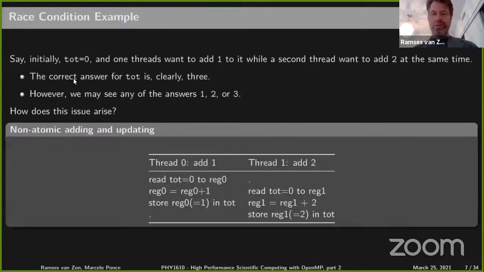So it doesn't have to do the store at the end if I have just one thread until it has added all of the numbers, and then it can store it at the end. So every store is expensive. Every read is also expensive. But working in registers is fast.